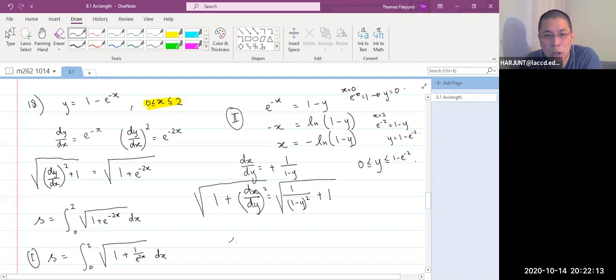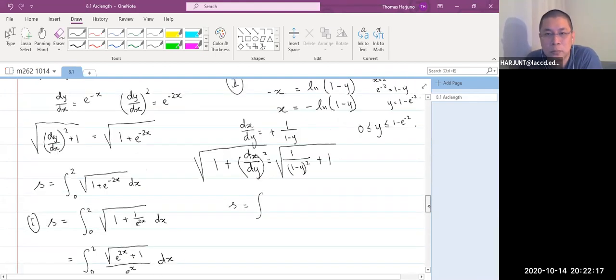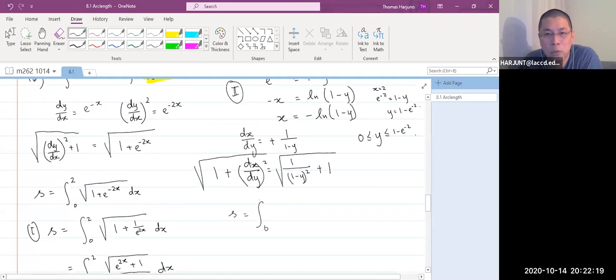So the arc length will be the integral from 0 to 1 minus e to the negative 2 of the square root of 1 plus 1 over (1 minus y) squared. Now the good thing is, the denominator has cancelled.